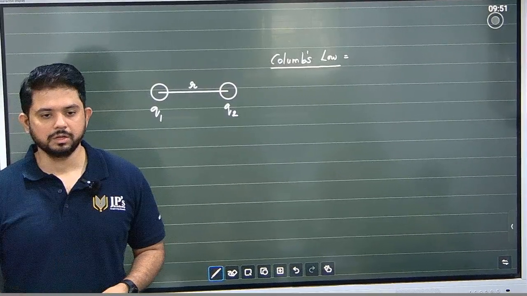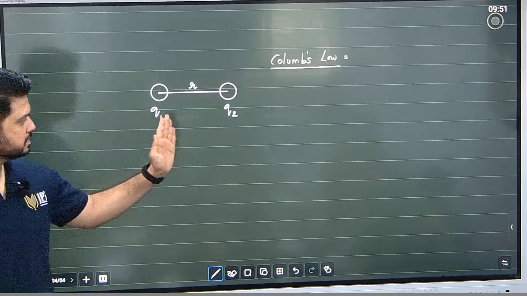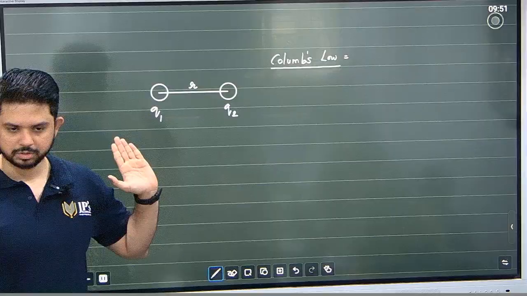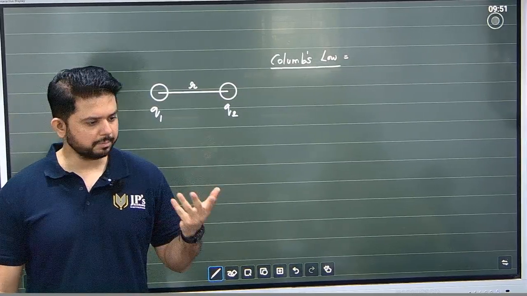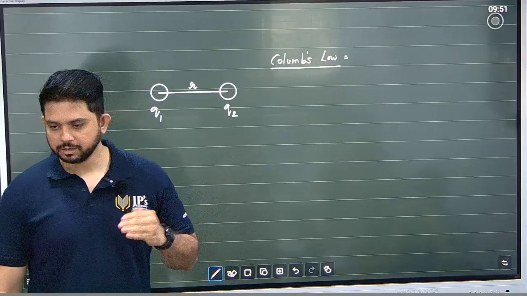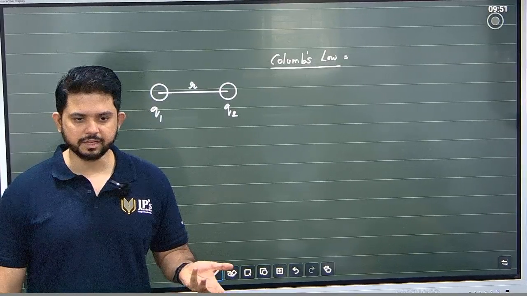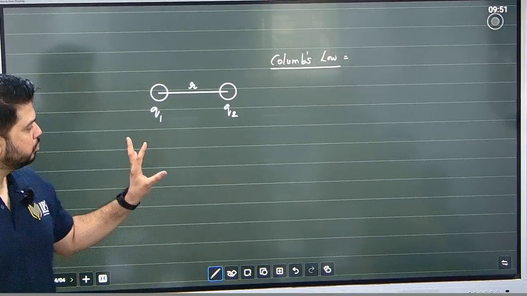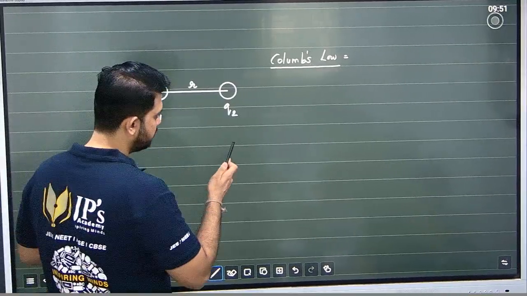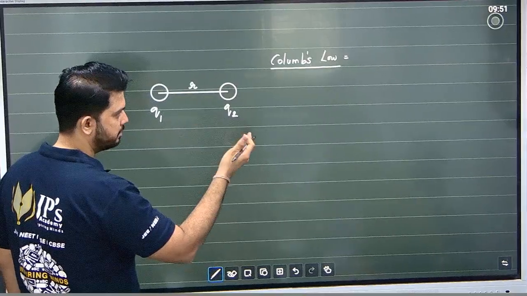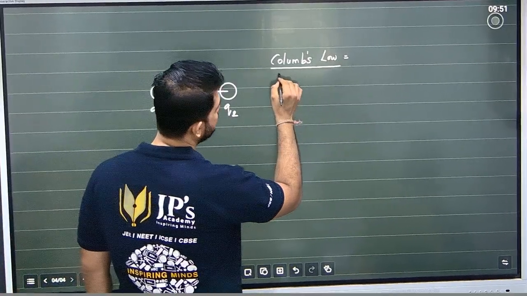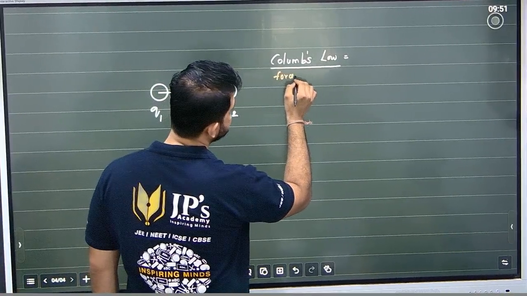Let's say we have 2 charged particles, Q1 and Q2. These charged particles can both be positive, or one positive and the other negative. So Coulomb's law is applicable to 2 particles which are similar or dissimilar in charge. This is Coulomb's law or force of attraction.